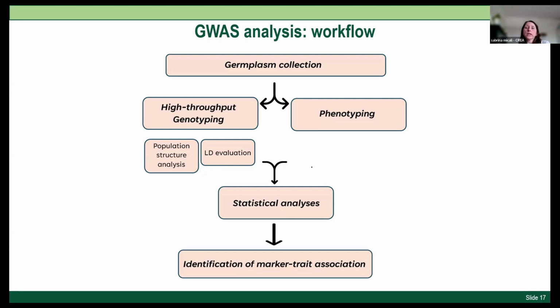In the meanwhile, we must phenotype all the accessions of the starting panel. Then we put together the two types of information to have, hopefully, at the end, the identification of a marker-trait association.